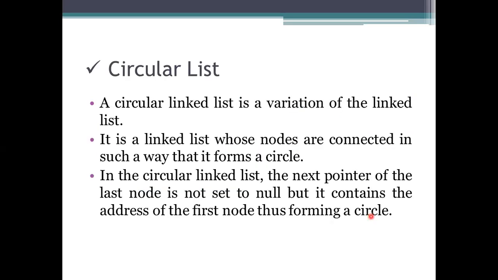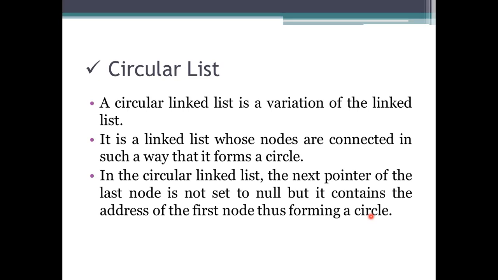Coming to the next one, circular list. Why are we using the circular list, when the doubly linked list and the single linked list are also there? We need to add the data or process the data.